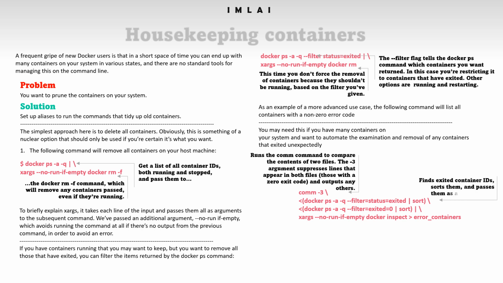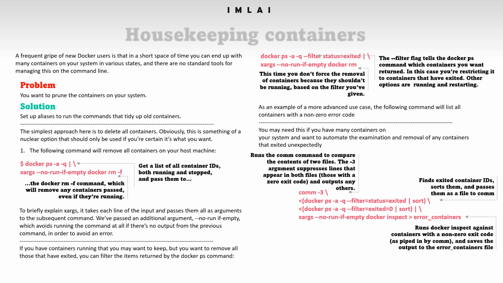So if you take comm option 3, it runs the comm command. This is the comm command to compare the contents of two files. The option 3 argument suppresses lines that appear in both files, those with a 0 exit code, and outputs any others. Okay, it's for comparison. Then it finds exited container IDs, sorts them and passes them as a file to comm.